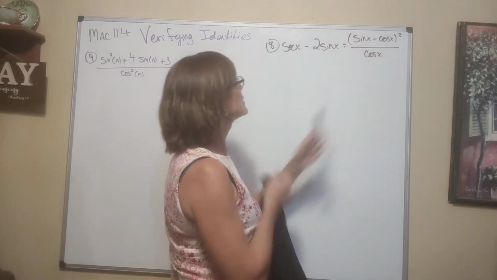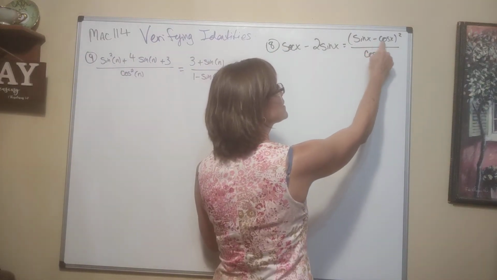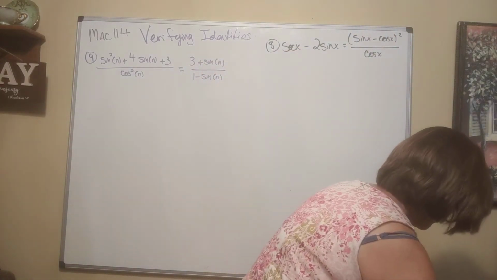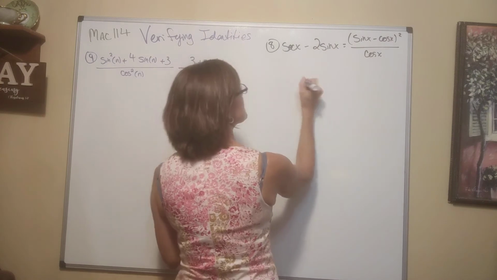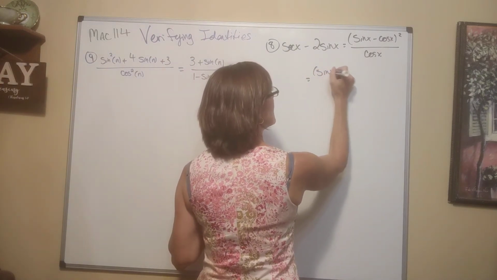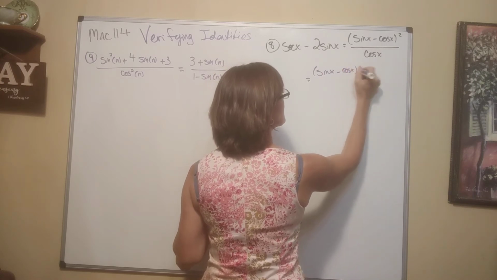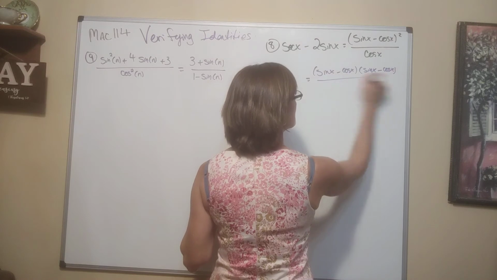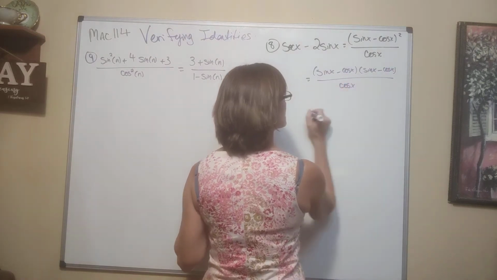What I see here is, I'm going to begin here. I'm going to multiply this, so I'm working with the right-hand side by choice. So, what I know is that sine x minus the cosine of x times sine x minus the cosine of x over the cosine of x.